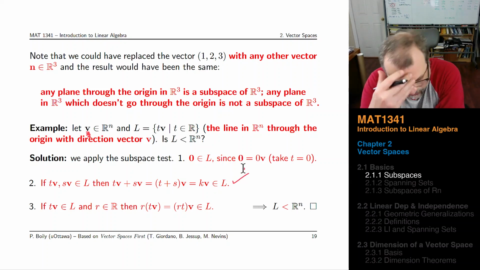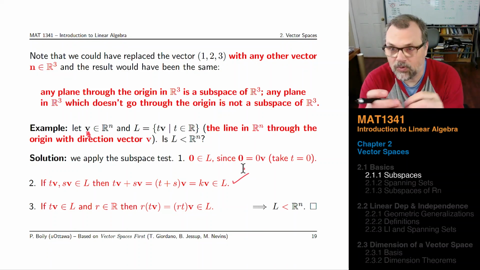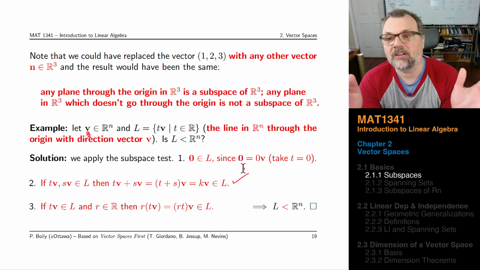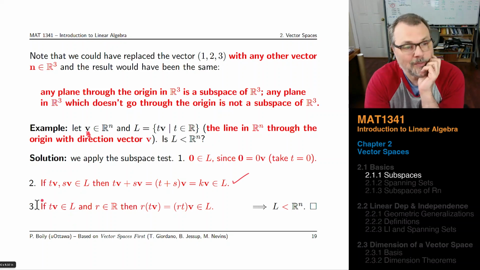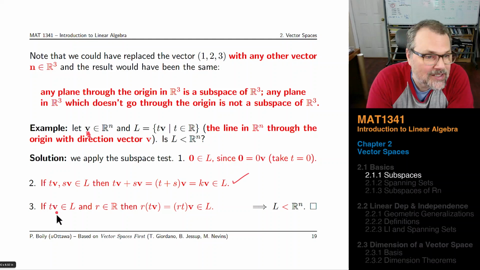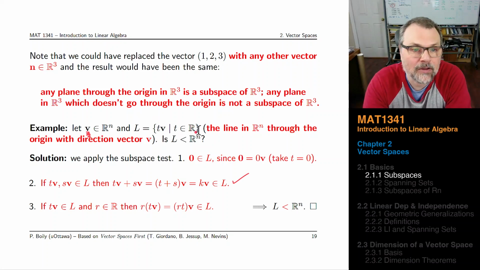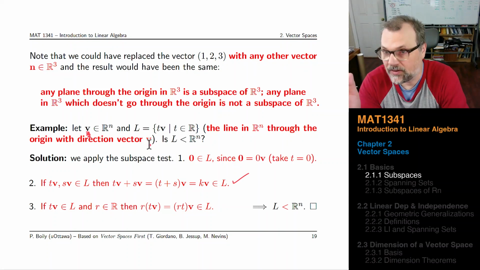The last thing we need to verify is that if something is in L and we stretch or scale it, then the resulting vector is also going to be in L. Well, what's something in L? It's something that looks like t times v for some t. When I write it like this here, I'm talking about a specific t, although it is unknown. When I write it inside of the curly brackets, I'm talking about all the tv's.